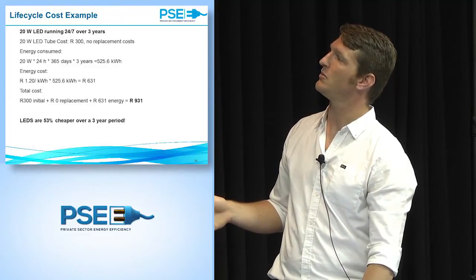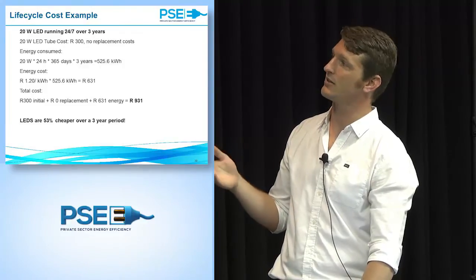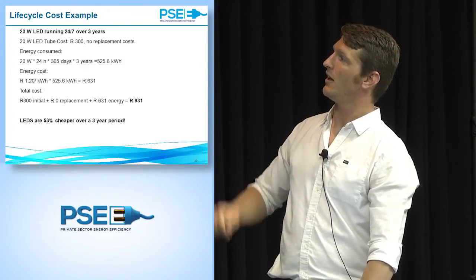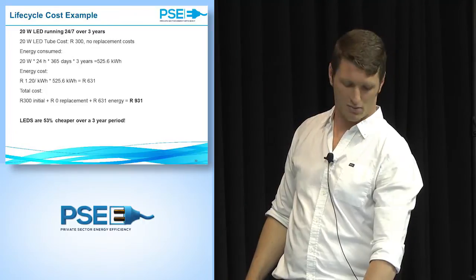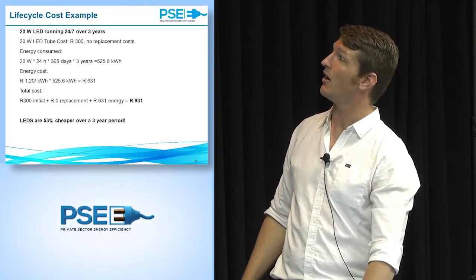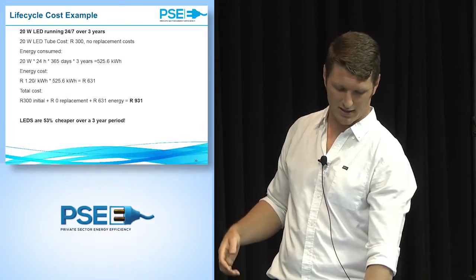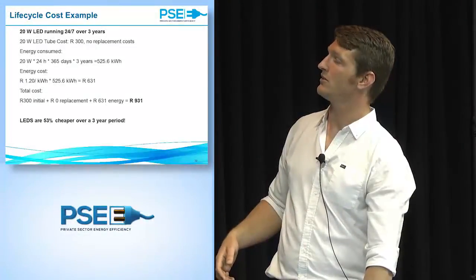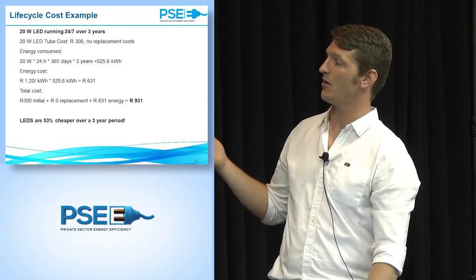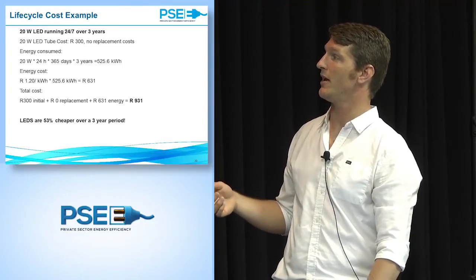And the energy consumed is 20 watt times 24 hours times 365 days times 3 years. Gives you 525 kilowatt hours per year. Over the 3-year period, the energy cost is 630 Rand. The total cost is a 300 Rand initial capital plus 0 replacement plus 631 Rand energy.